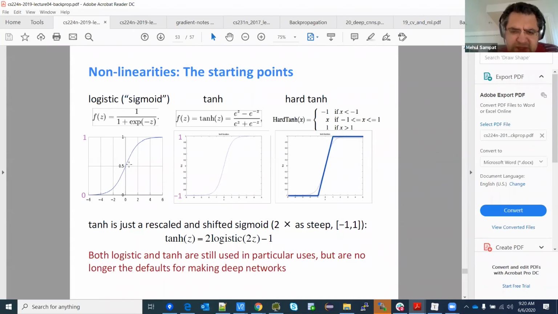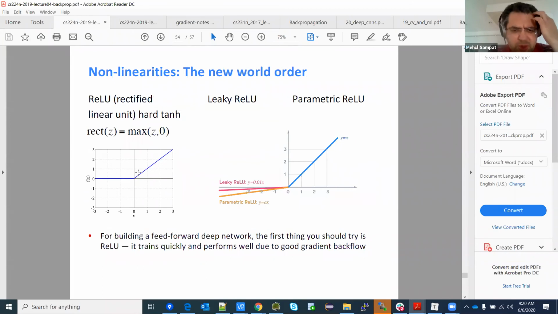He talks a little bit about tanh, and I didn't know hard tanh till I saw this slide. This was familiar from previous times, and of course the more modern nonlinearity is the ReLU, which most of the time I've just used as max of z comma 0.